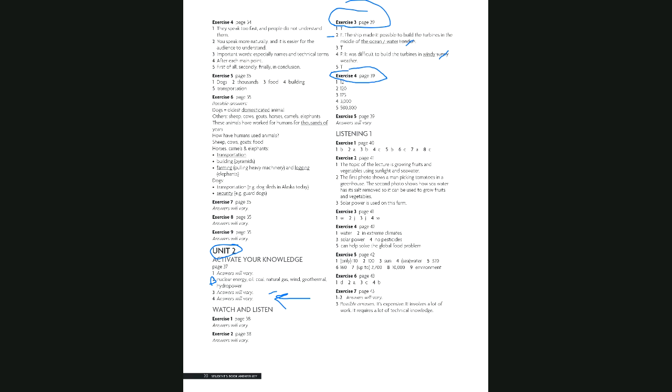Okay, and the next one, exercise 5, page 42. Number 1, only 110. Number 2 is 100. Number 3, sun. Number 4, water, or you can say seawater. Number 5 is 320. Number 6, 160. Number 7 is up to 2,700.